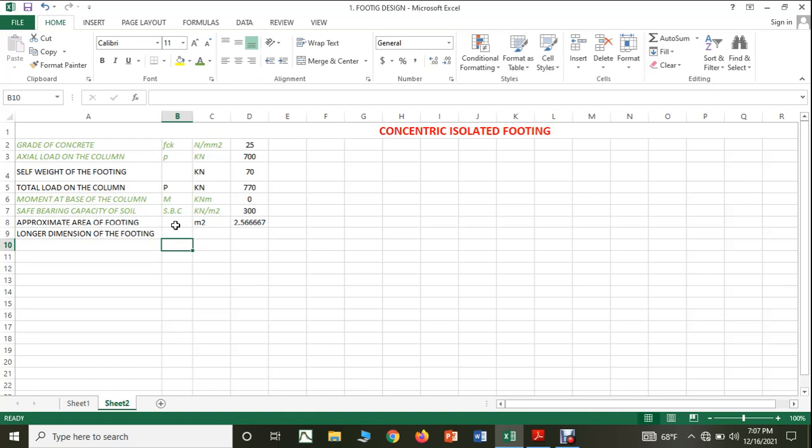Then approximate area of the footing is capital A, then longer dimension of the footing is given as capital L, right, which will be in meter.